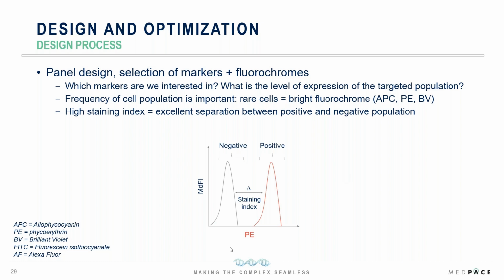And for that, we can work on optimizing the titration of our antibody reagents, and as well calculate the staining index. I just put an example here in that slide. The staining index is the ratio of the fluorescence intensity of the positive population and the negative population divided by 2 times SD. So the higher staining index you have, the more we can clearly define a positive and a negative population, and the more confident you will be in your results. We can go to the next slides.